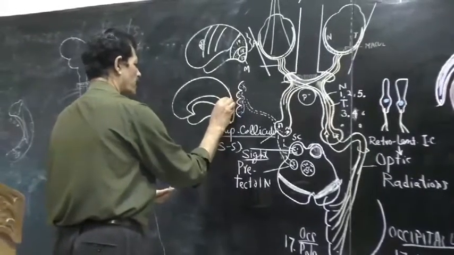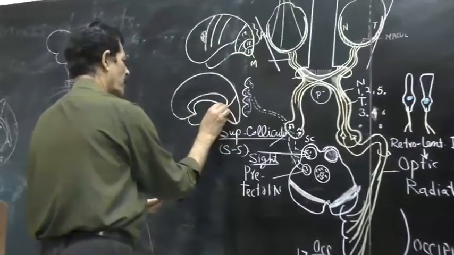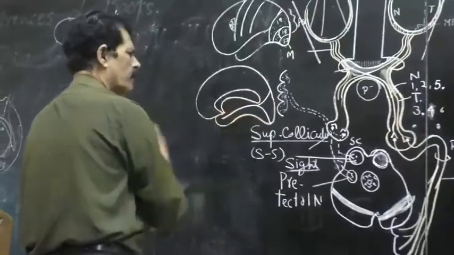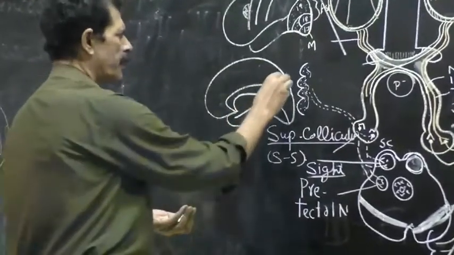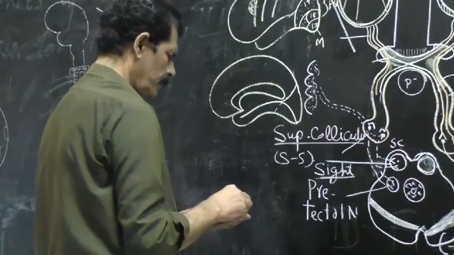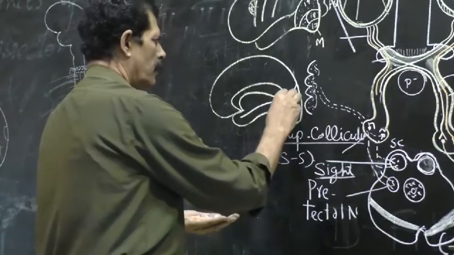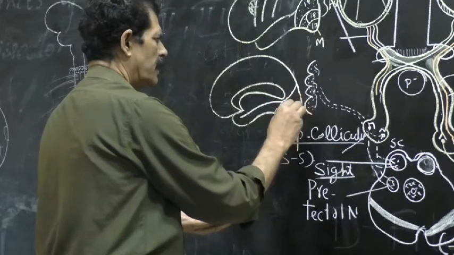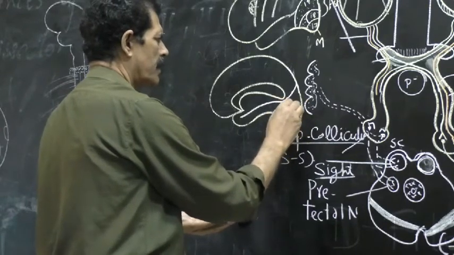This is the parieto-occipital sulcus. Both unite to form the collateral sulcus. So in the occipital lobe, on the medial surface of the cerebrum, this is area 17 above the calcarine sulcus and below it.